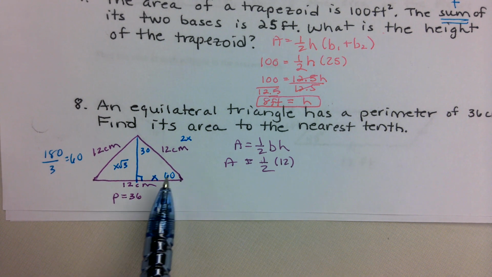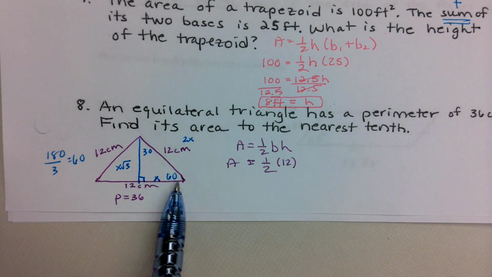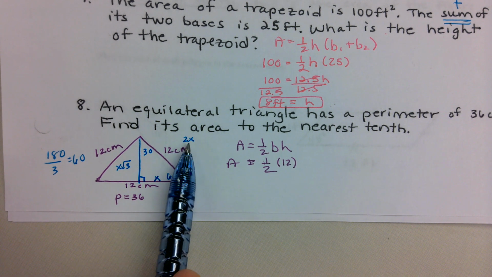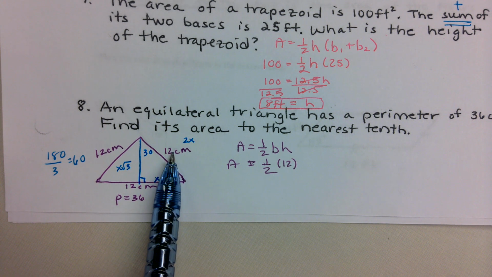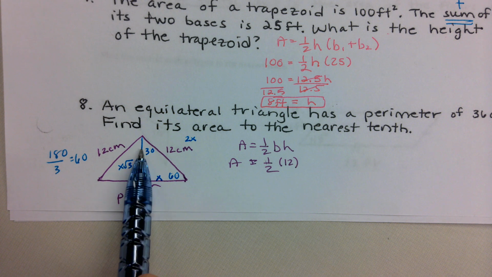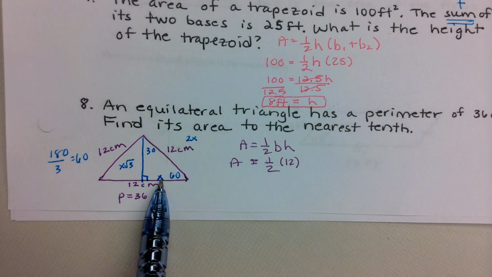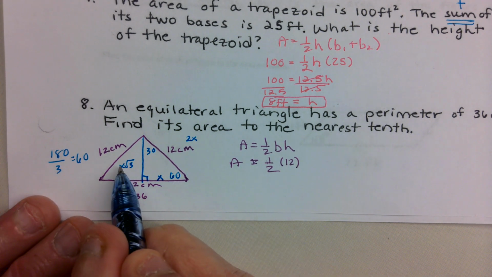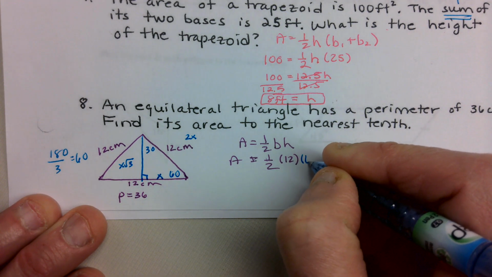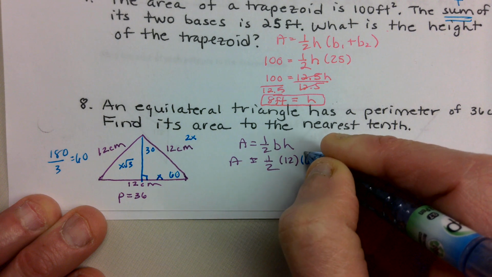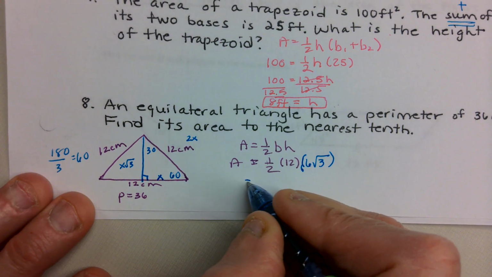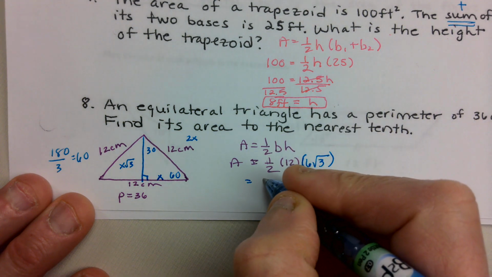So we can figure this out a couple ways, actually. If this is 12, that tells you your x is 6. Or you could have used this: the hypotenuse was 12, and that's 2 x's, so your x is 6. Either way you look at it. But the part we need is right here, the height. And we figured out x is 6, so it's 6 root 3. So 1/2 times 12 is 6.